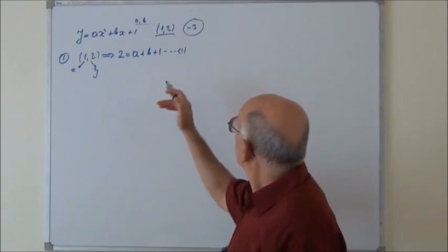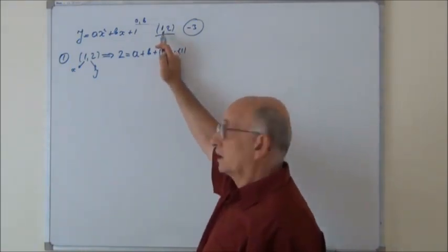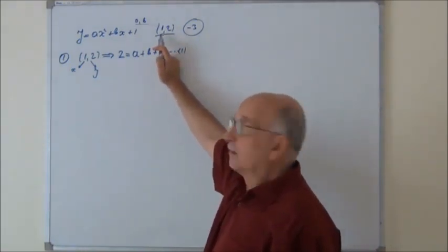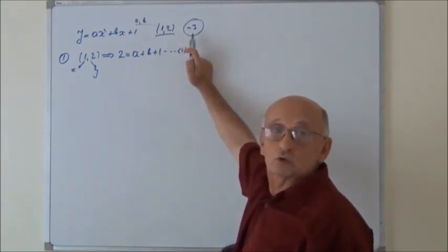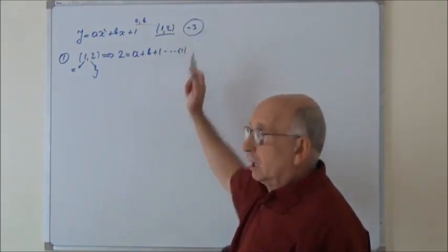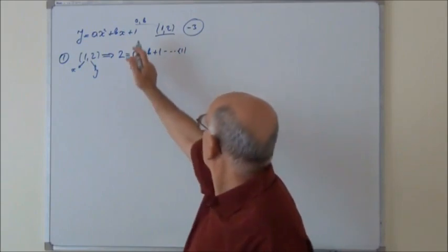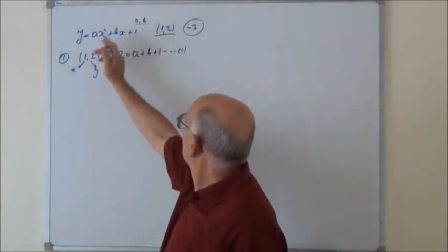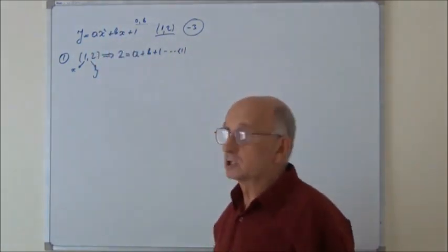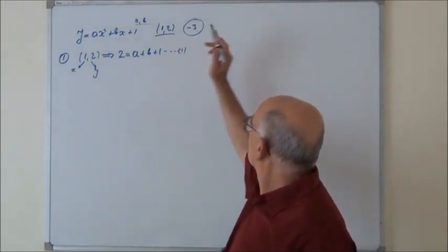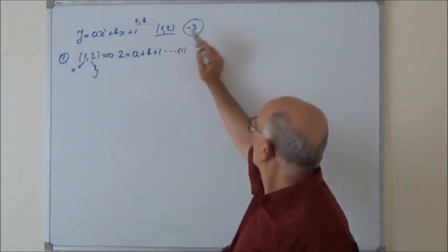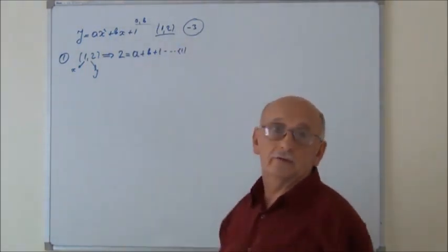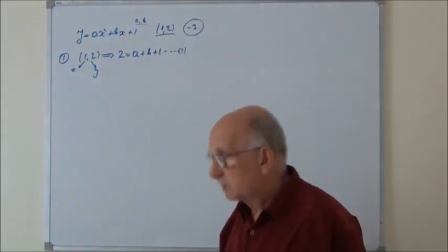In this question, we know exactly the point where the gradient is minus 3. Then, finding the derivative, or rule for the gradient of that function, and equalizing that gradient with minus 3 for x equal to 1 will be the second equation.